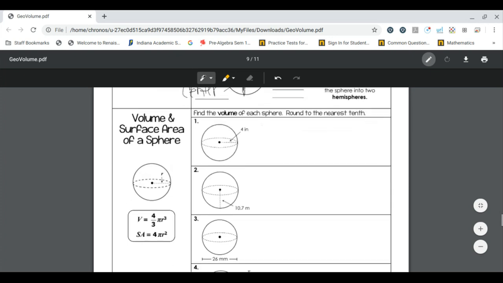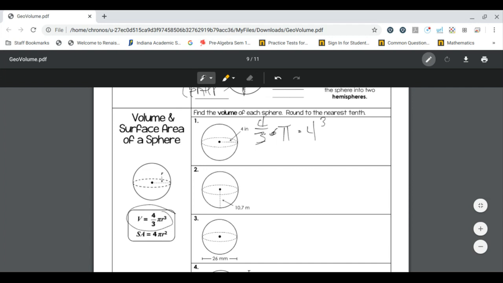So let's do volume. Volume is right here. So instead of 1/3, we're going to take 4/3 times pi, and then look what you do with your radius. You're going to have to cube it.